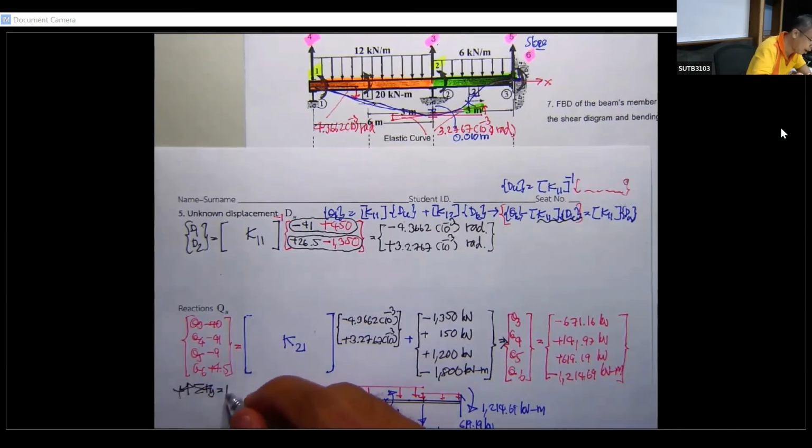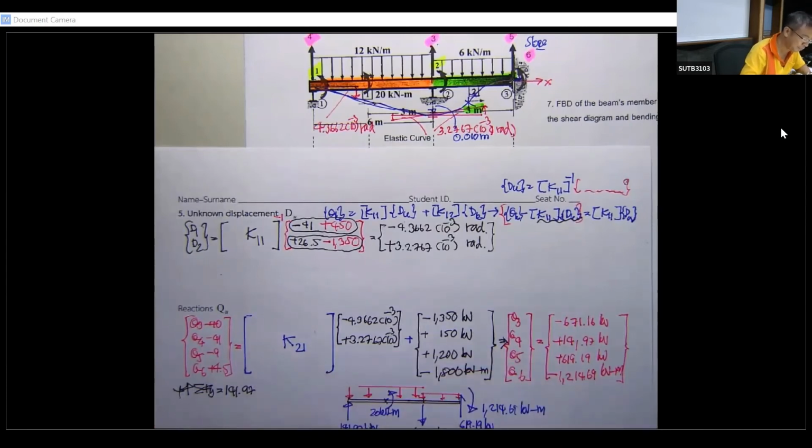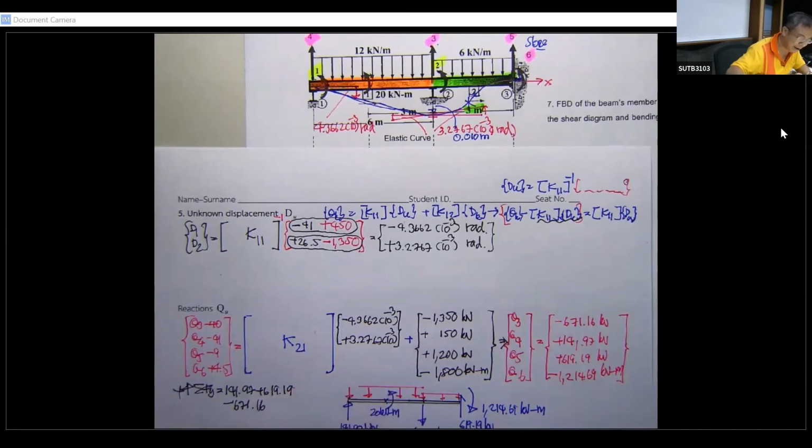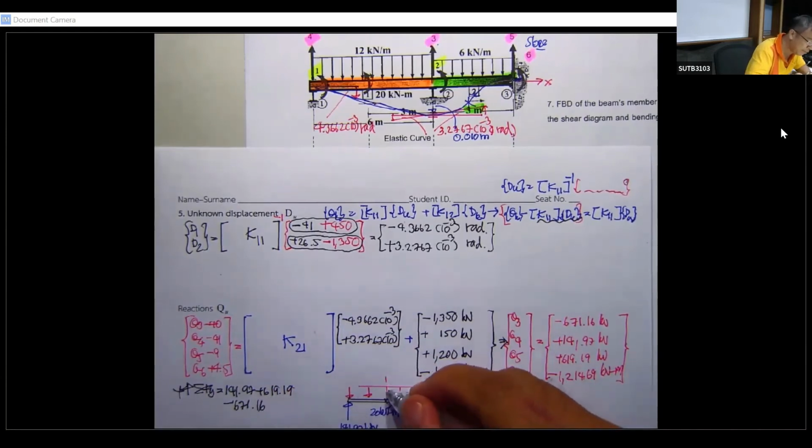I should say you got to do the summation of f sub y, positive upward. That is 141.97, and then this one plus 619.19 and minus 671.16, and then you have this one to be 12 kilonewton per meter times 6 meter.